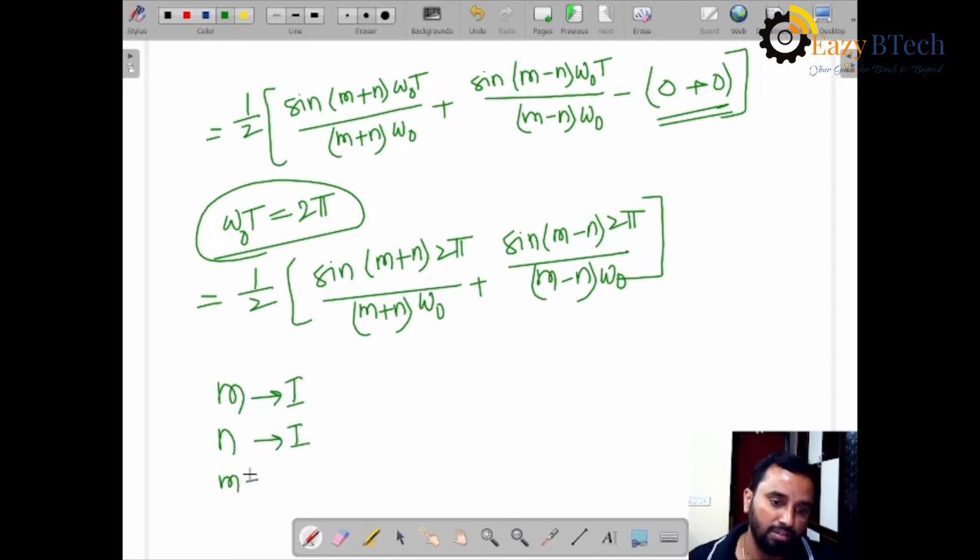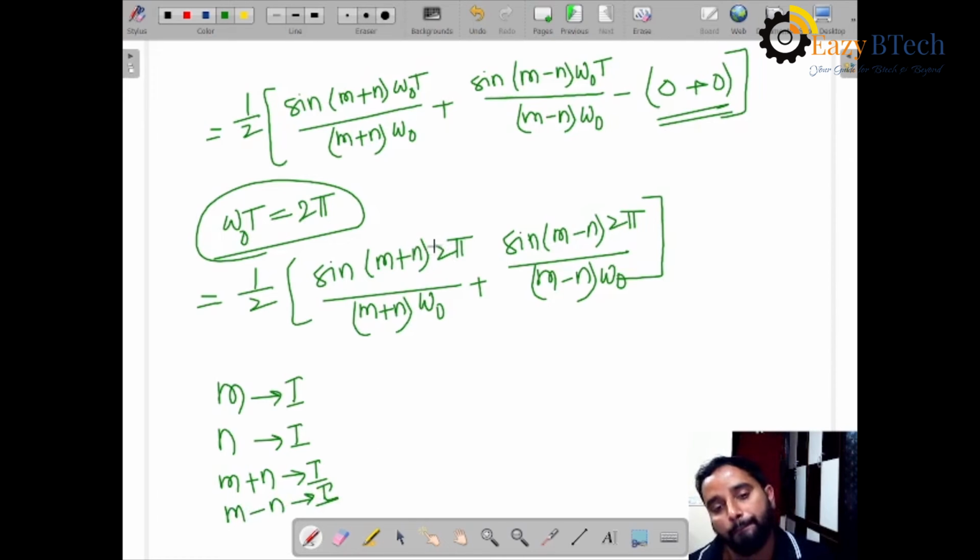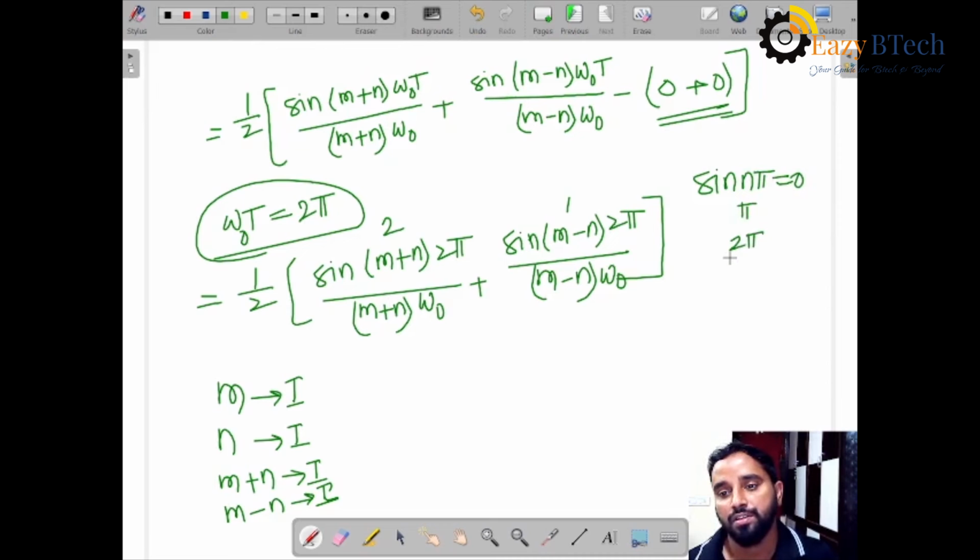So m plus n also will be an integer, and m minus n also an integer. So here integer into 2 pi. For example, take 2: 2 into 2 pi is sine 4 pi. Take 1: 1 into 2 pi is sine 2 pi. So sine n pi is equal to 0. Sine pi is 0, sine 2 pi is 0, sine 3 pi is 0, sine n pi is 0.